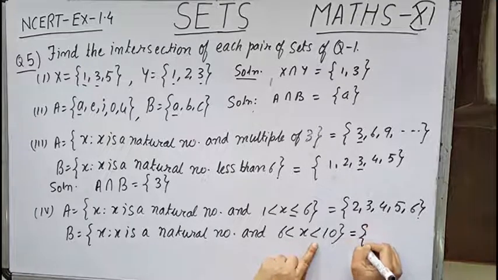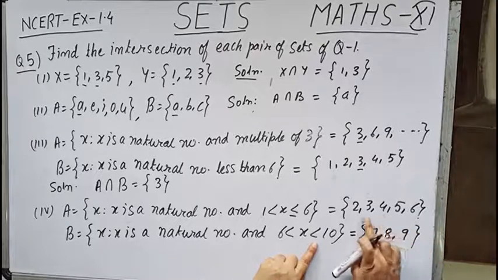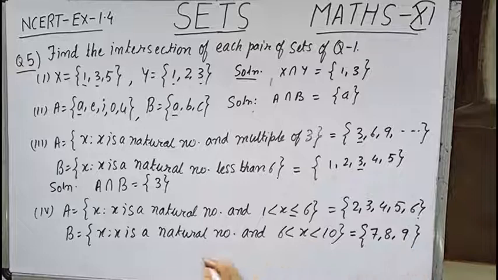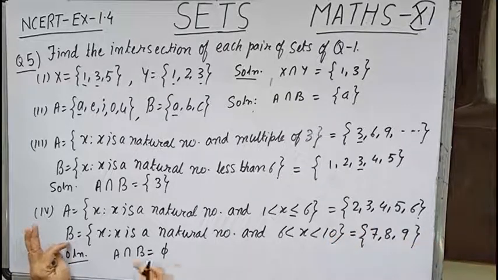So this is the set containing 7, 8 and 9. Now the elements common to this is nothing. So in the solution part we will be writing A intersection B is equal to the empty set. In the solution you can write here A is equal to the set containing this much, B is equal to the set containing this much. Therefore A intersection B is equal to the empty set.